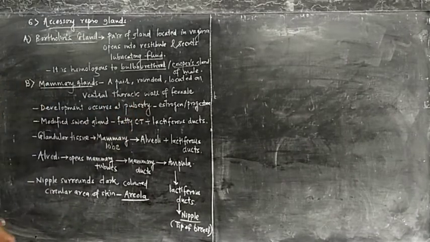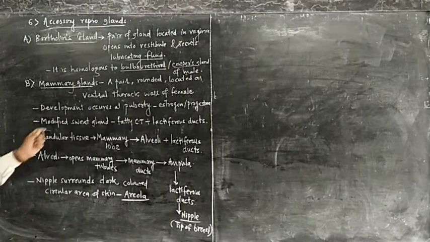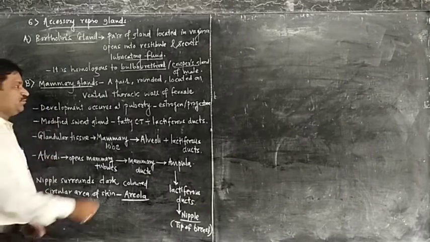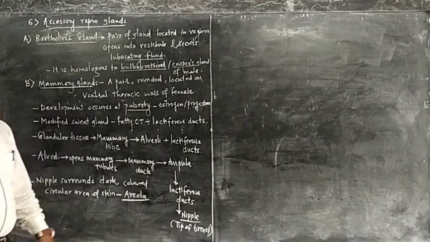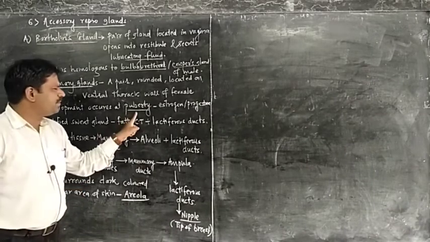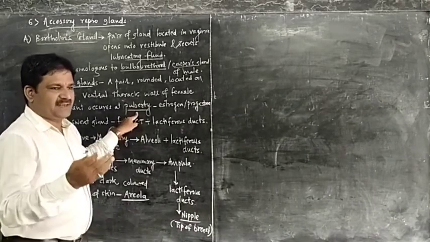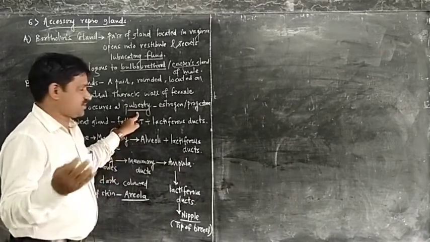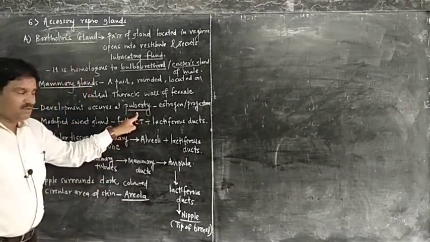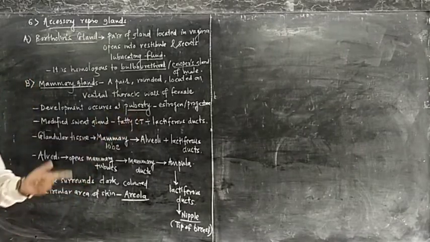The development of these glands occurs during puberty. Puberty means maturity. In girls, from 13 years onwards, these glands start to develop.